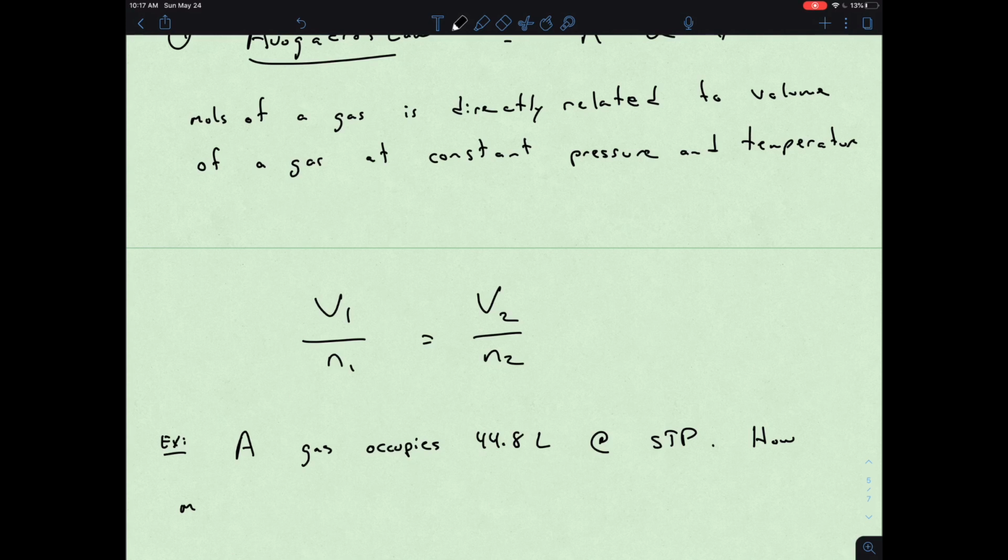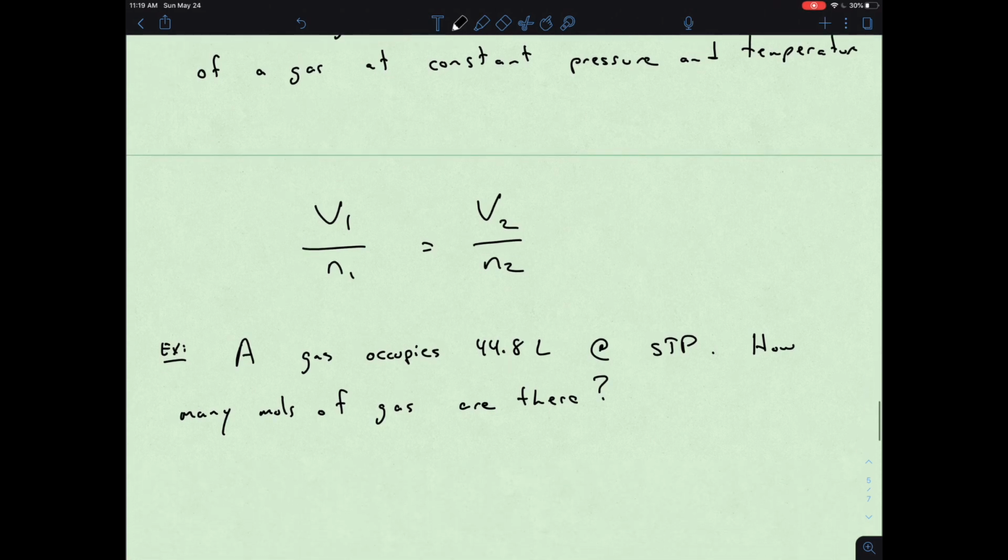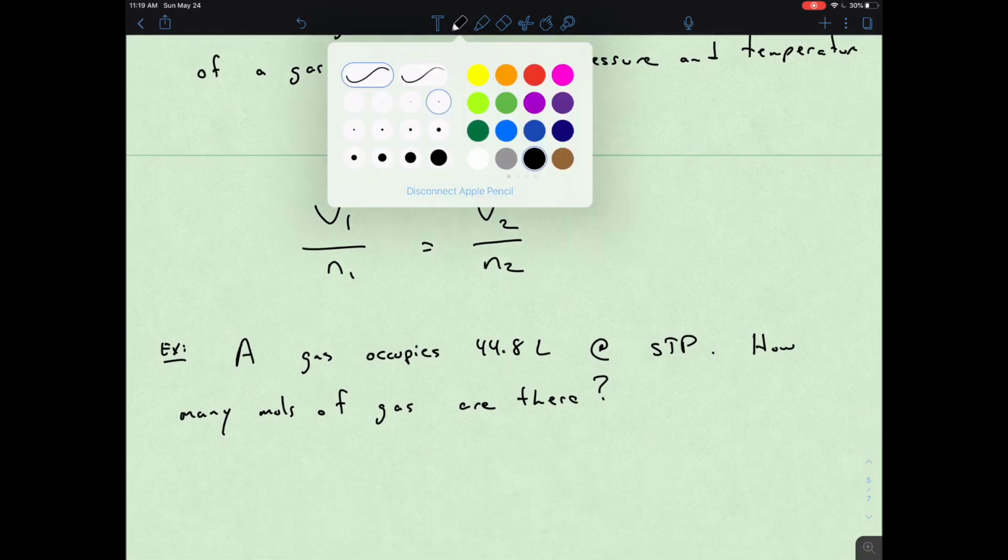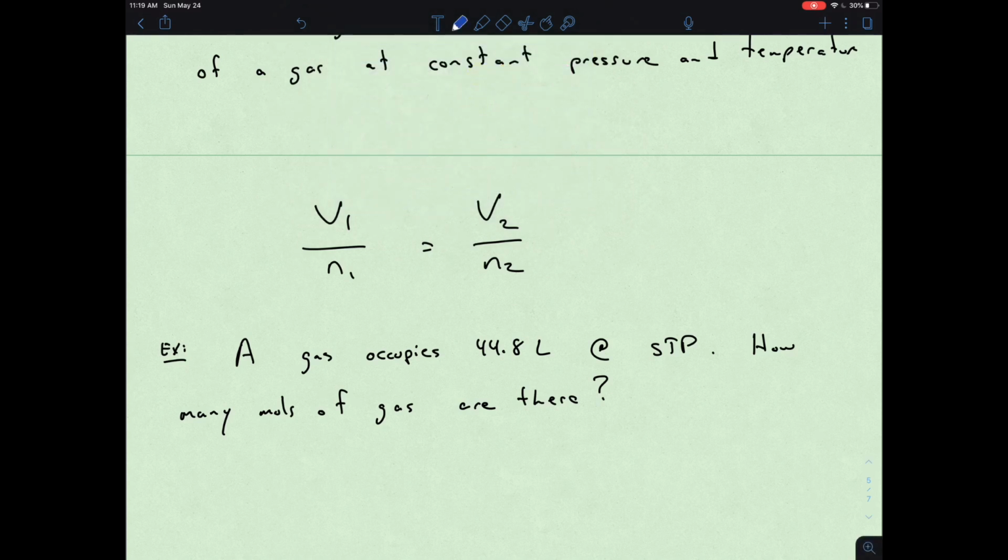How many moles of gas are there? So here we find that we have volume, and we're basically asking how many moles of gas there are. So we could call this V2 and N2.